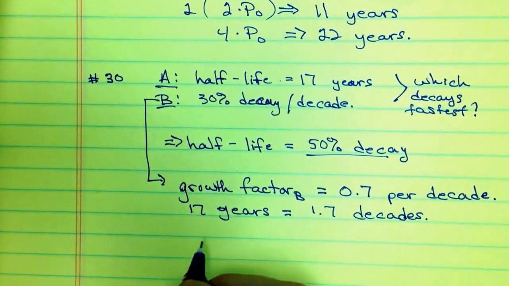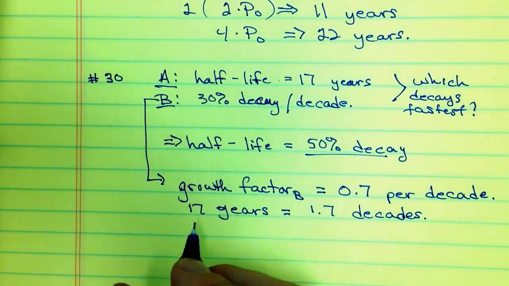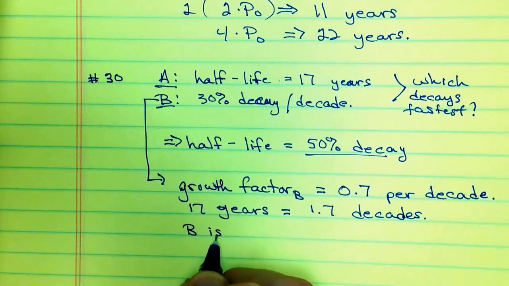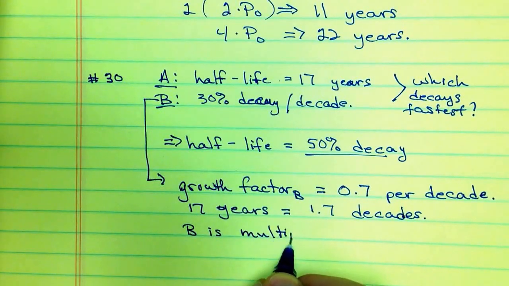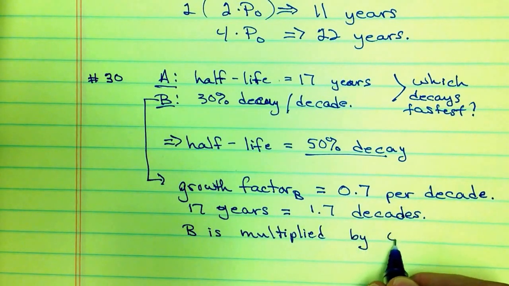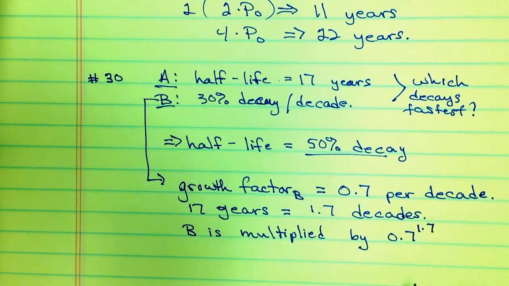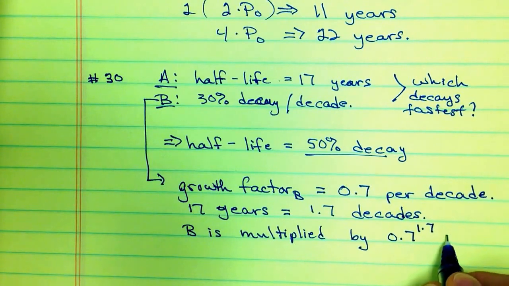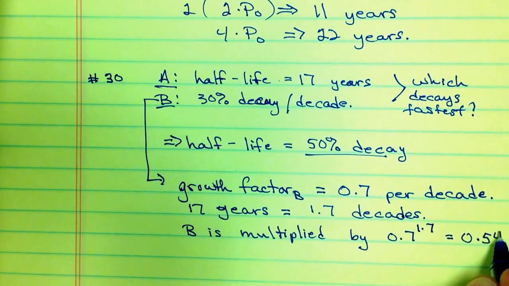So we have the substance for B is multiplied by 0.7 to the 1.7 in 17 years, which is 0.54, or 54%.